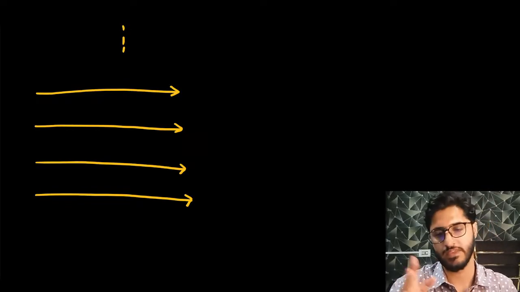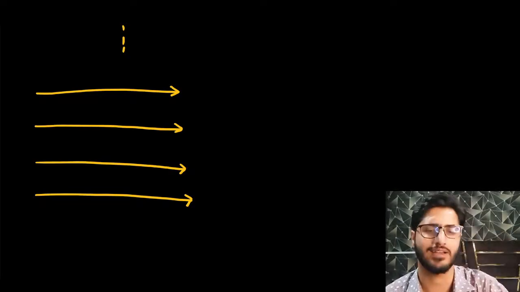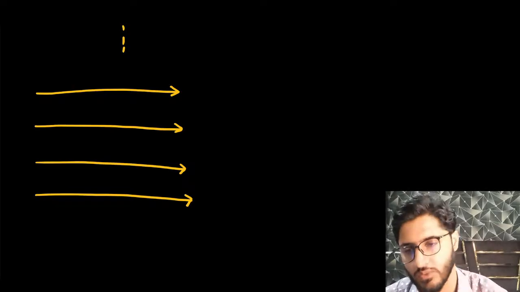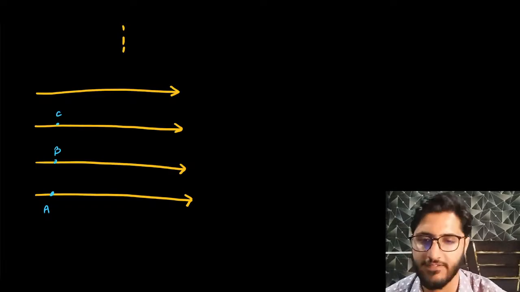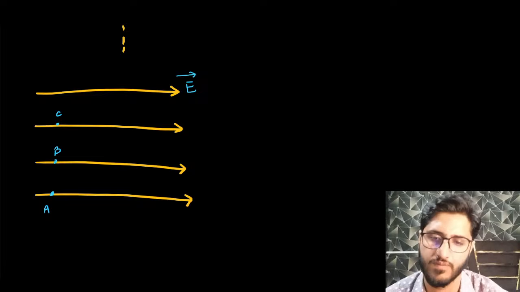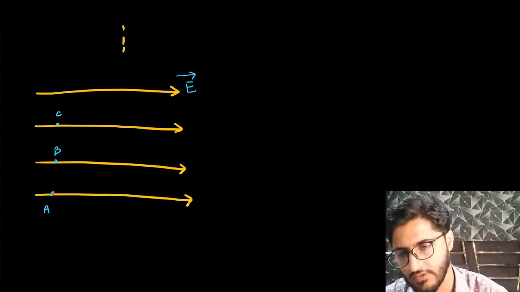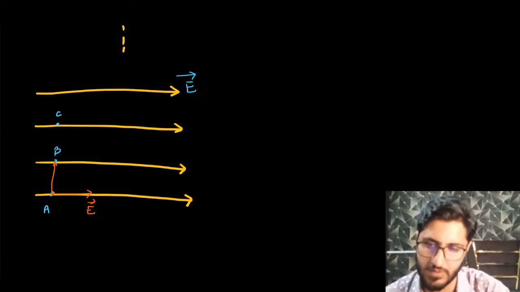Okay, so if we have a uniform electric field, with field lines equidistant apart and in the same direction, let's take some points. I take point A here, this one is point B, this one is point C. These are electric field lines. Now if I want to go from A to B, what will I write here?